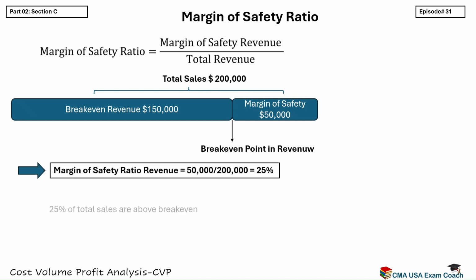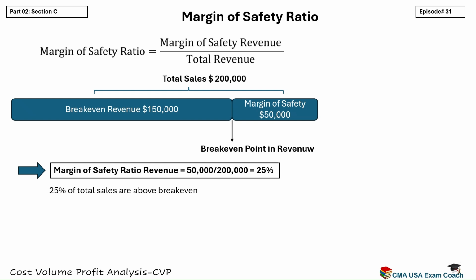So whether you calculate it in quantity or revenue, you get the same kind of insight. How much of your sales are above the break-even level as a percentage? This ratio is especially helpful when you're comparing different divisions or different companies, because it tells you who has more buffer, who is at less risk, and who is close to breaking even. And remember, a higher margin of safety ratio means lower business risk.